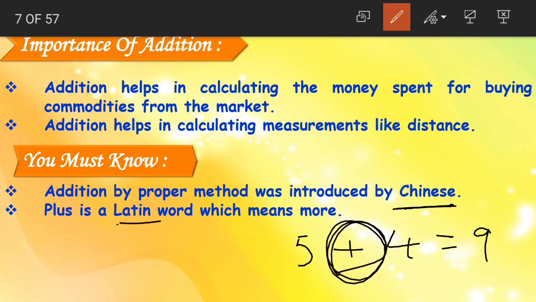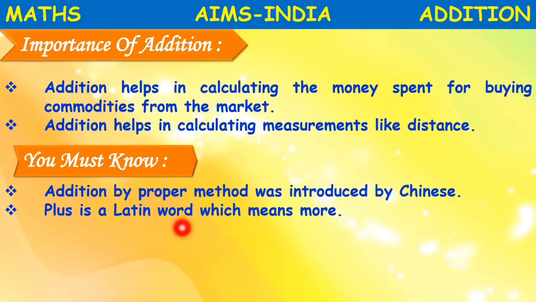Just like we have Hindi or English or Telugu as a language, Latin is also a language in which plus is a word which means more. Plus means more. Okay children, what did we learn? Addition by proper method was introduced by the Chinese, and plus is a Latin word.